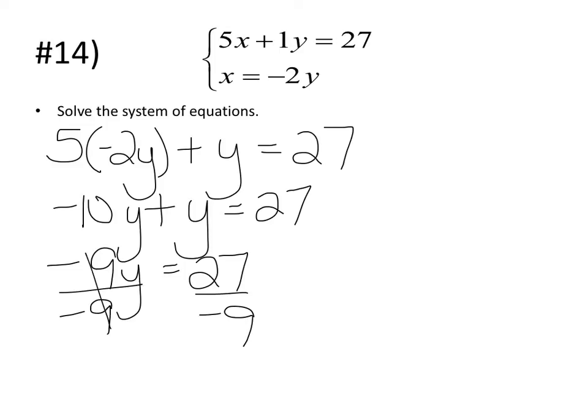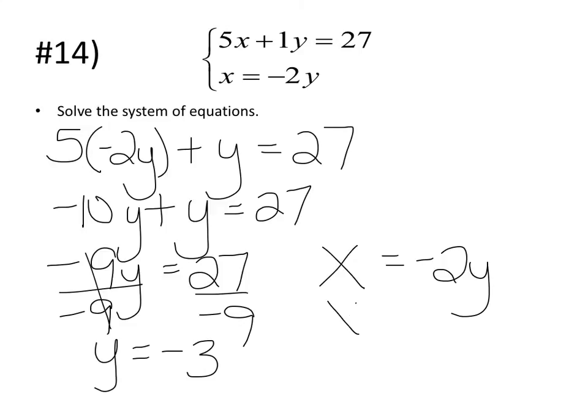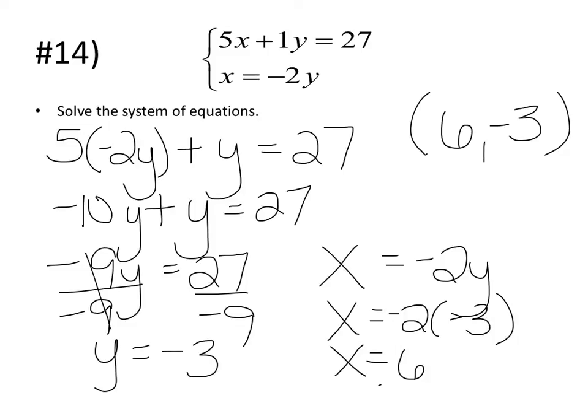Divide both sides by negative 9. y equals negative 3. So I'm going to plug into x equals negative 2y. x equals negative 2 times negative 3. So x equals 6. So my ordered pair is 6, negative 3.